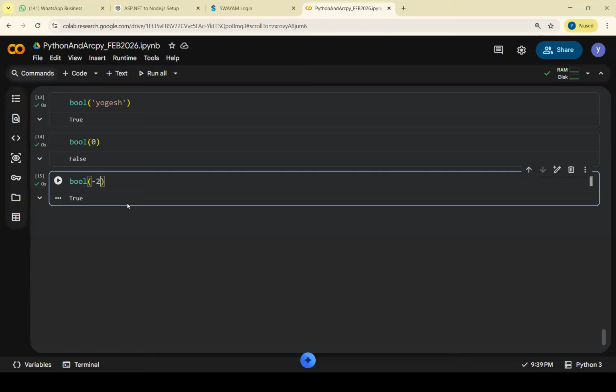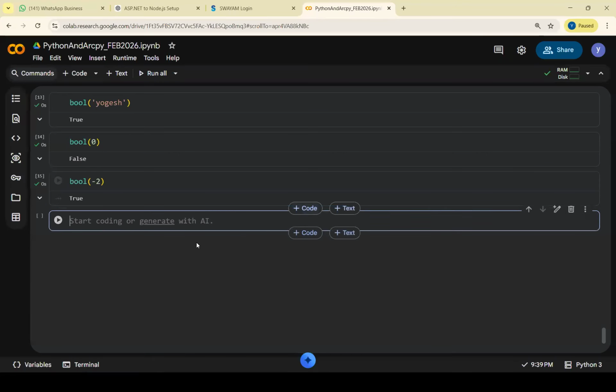Currently we have not explored some other parts. So let's suppose I write city is equal to Hyderabad.